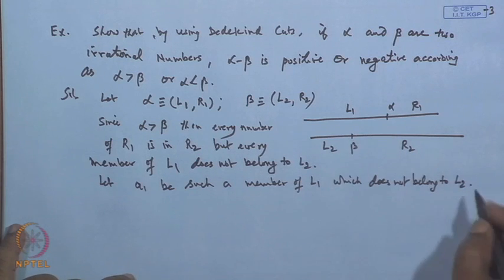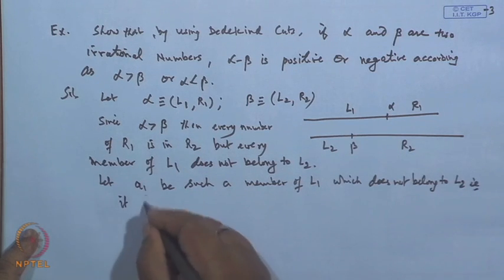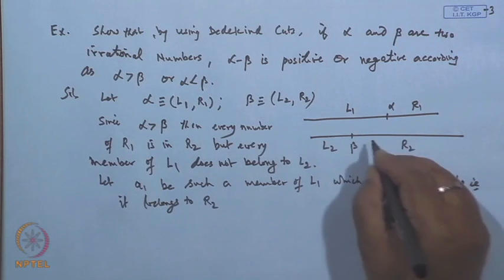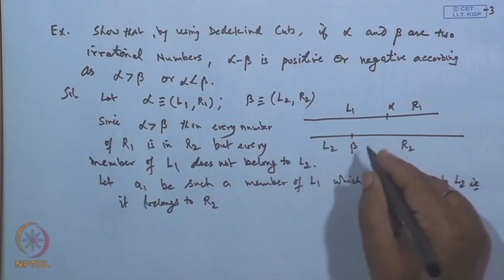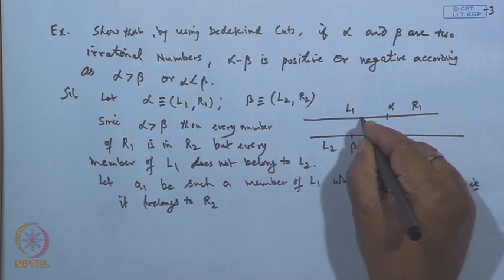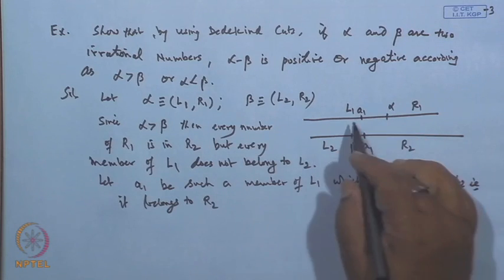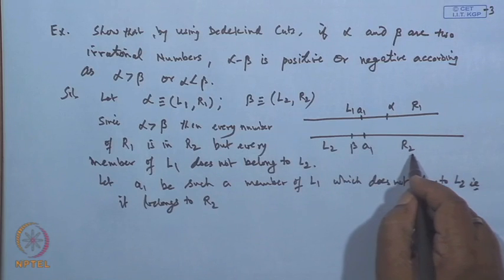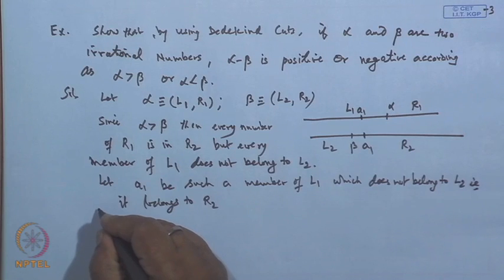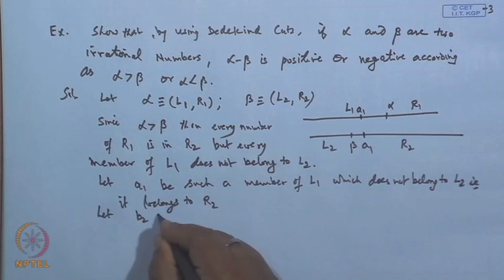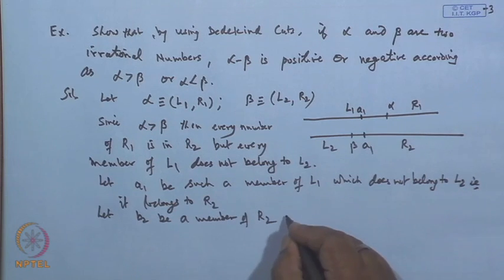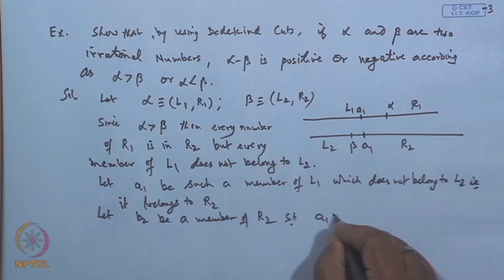So, if it does not belong to L 2, then it belongs to R 2. So, here is some number A 1, which is in L 1, but not in L 2. So, it must be in R 2. Let us choose a number B 2. Now, let B 2 be a member of R 2 such that A 1 is greater than B 2.